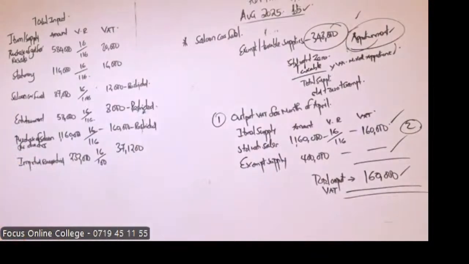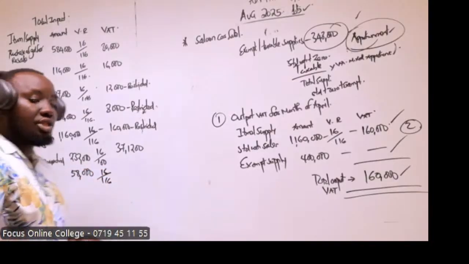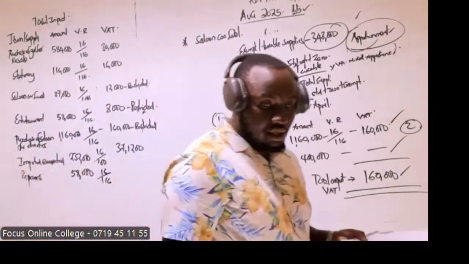So then we come to the next, we have repairs. Repairs should be 58, 16 over 116.